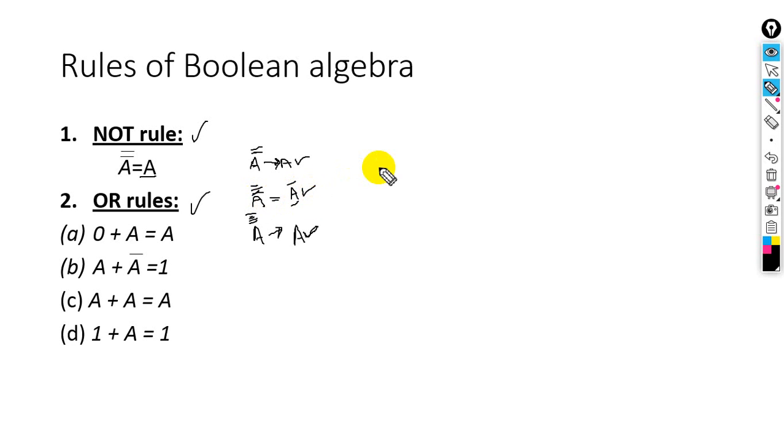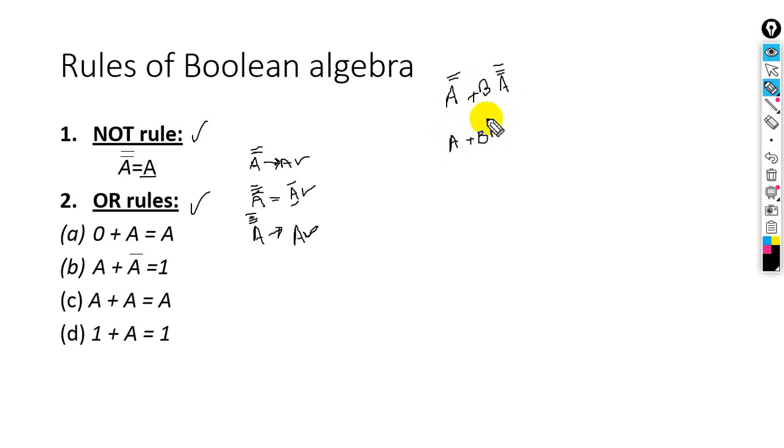So for example, if we have a Boolean expression a double bar plus b a triple bar, it will be equal to just like this. We will put a plus b a bar.